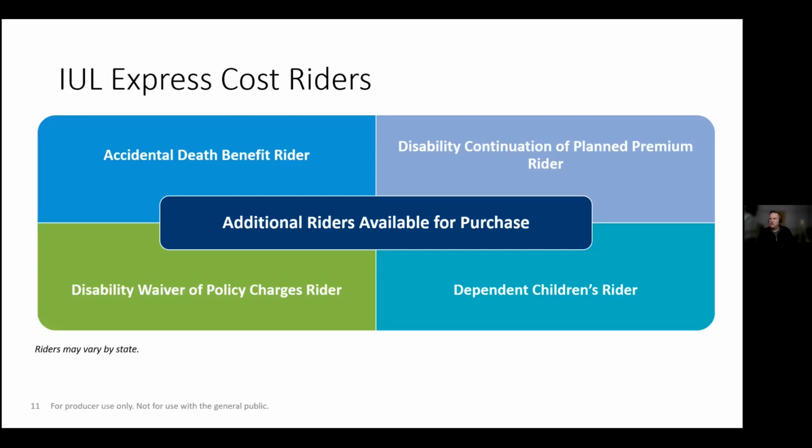They are able to go up to a TAMRA 7-pay amount, which I can show you on an illustration, but every illustration will have a TAMRA 7-pay amount. And as long as they don't exceed that, they can pay into the policy without having to worry about it going into MEC, as much as they want up to that point.